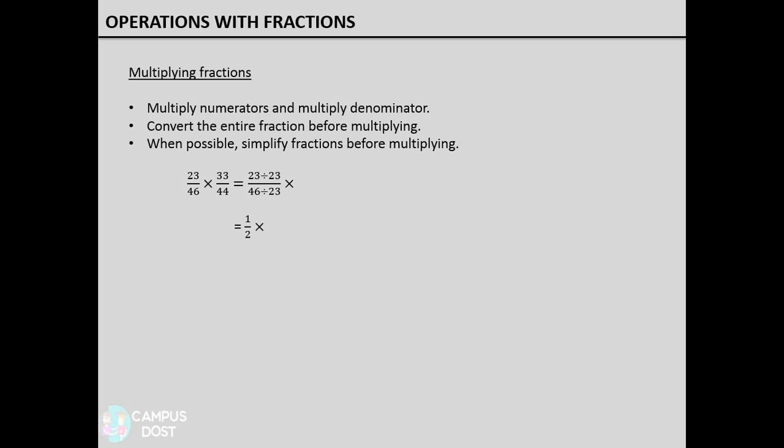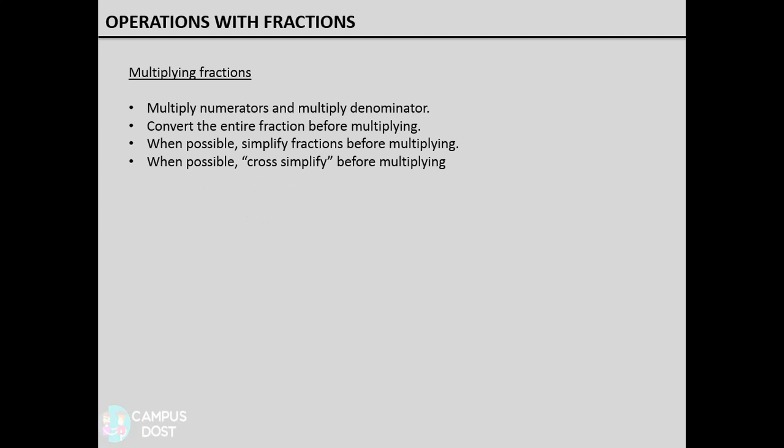We can also simplify 33/44 by dividing top and bottom by 11 to get 3/4. Now that we have simplified both fractions, it's much easier to find the product. First we multiply the numerators 1 and 3 to get 3 and then we multiply the denominators 2 and 4 to get 8. So our product is 3/8.